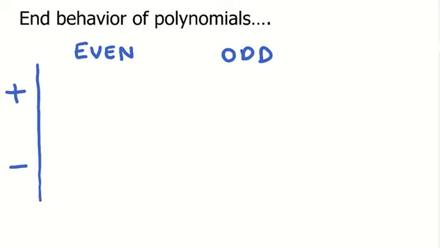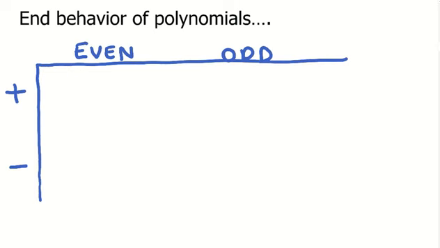If we have an even degree versus an odd degree, then we'll have different end behaviors. And then the sign of the leading coefficient being positive or negative will pretty much determine what the end behavior of our polynomial is.